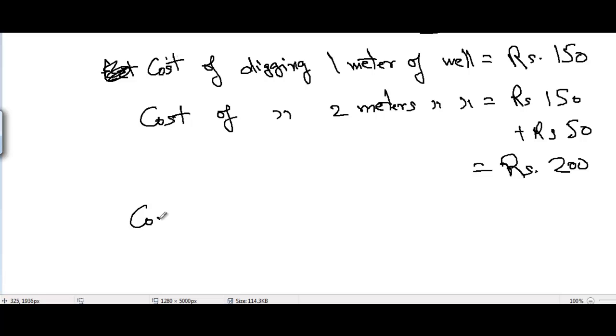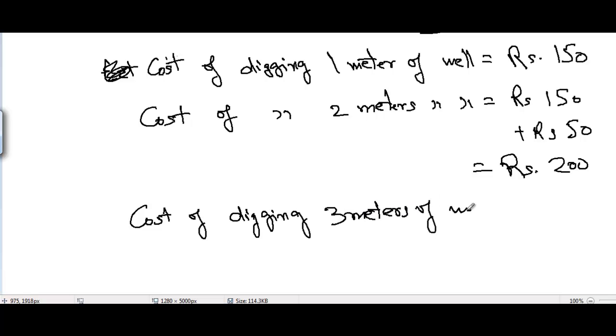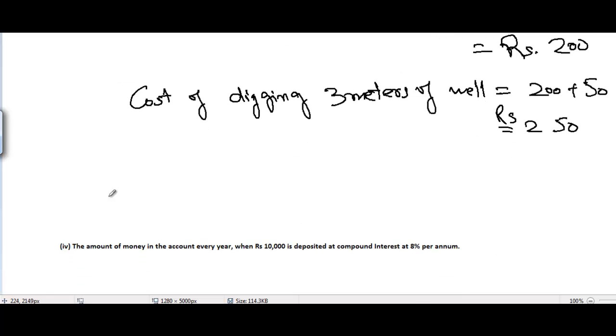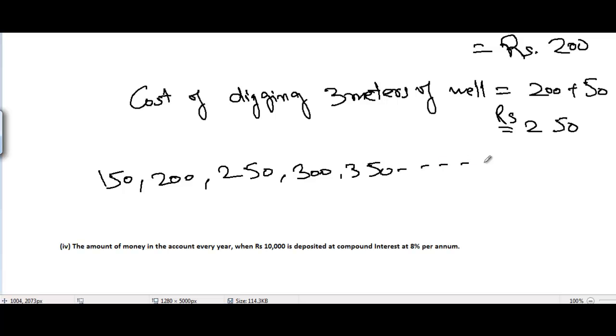So the next term, cost of digging 3 meters of well, would be 200 plus 50, equal to 250 rupees. So we will have a sequence of the form 150, 200, 250, 300, 350, and so on.